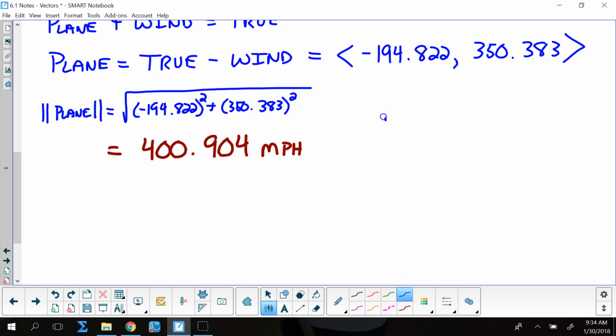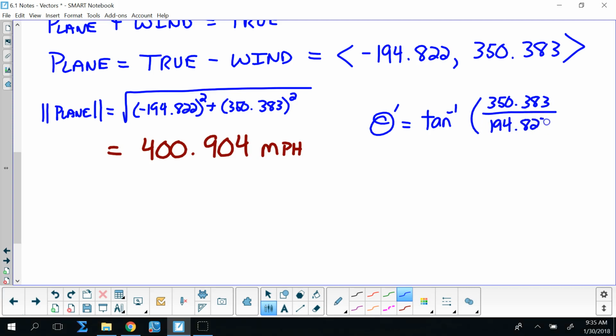Then I need to find my direction, so my theta prime is going to be the inverse tangent of 350.383 divided by 194.822. I drop that negative sign on that one. Okay?